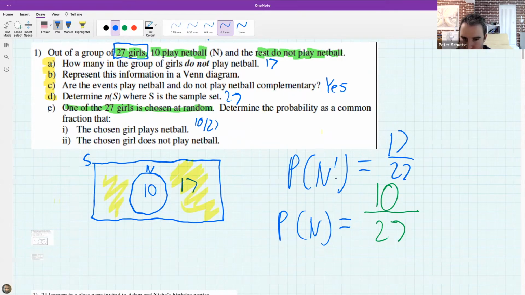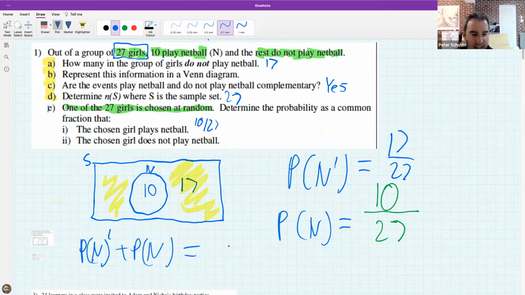Yeah, piece of cake. And just to show you that if you look at these two probabilities, if you take the probability of N' plus the probability of N, what do you get? So what do you get if you add the probability of N' plus the probability of N, where N is playing netball and N' is not playing netball? Okay, you get 1. Yes.